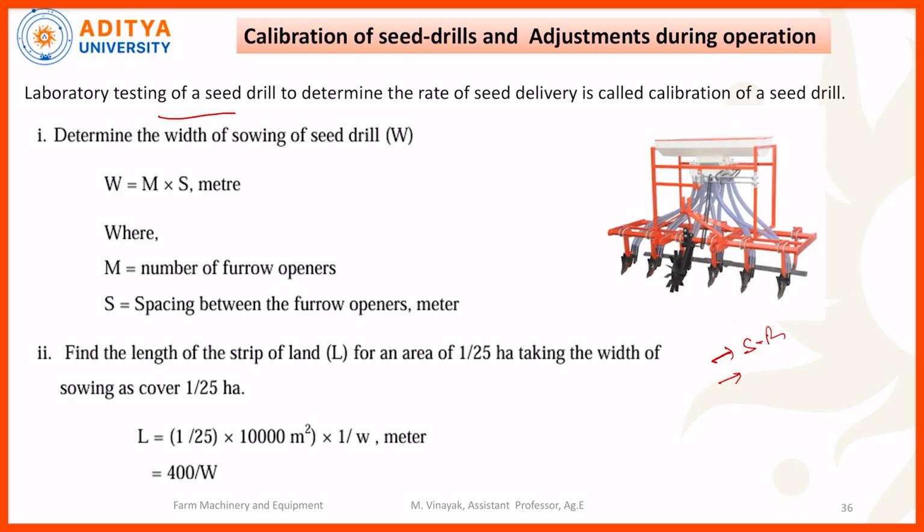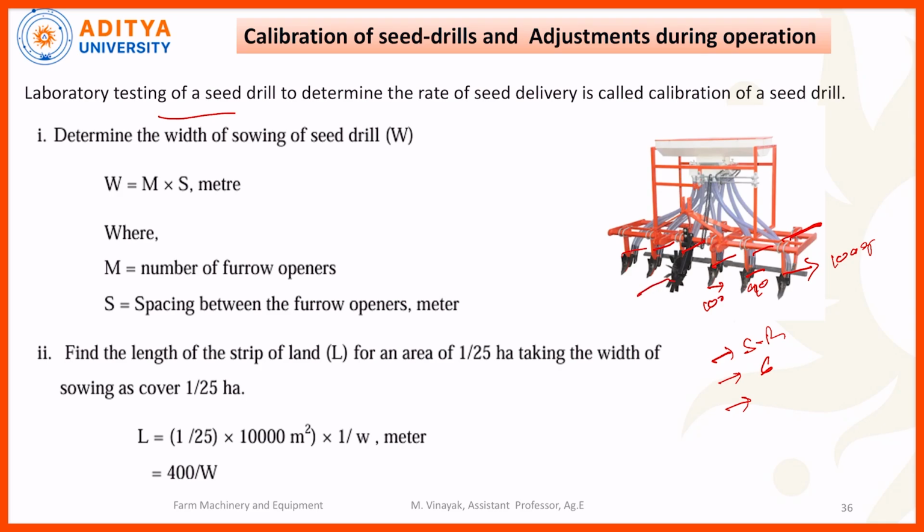We also need to know how much seed is delivered throughout the seed drill. Suppose this is a seed drill with six furrow openers. From the six furrow openers, how much seed was discharged, we need to calculate during calibration. Another point is the percentage of variation. Suppose one seed tube delivered 100 grams of seeds, another delivered 90 grams, and another 100 grams.